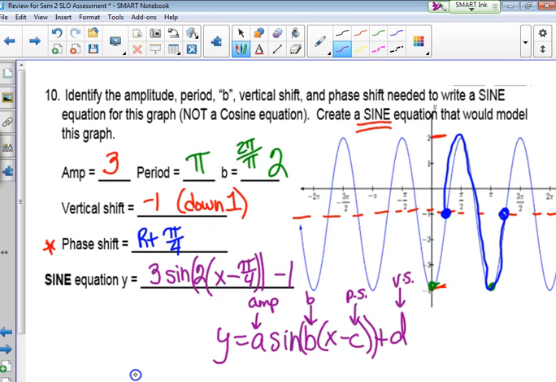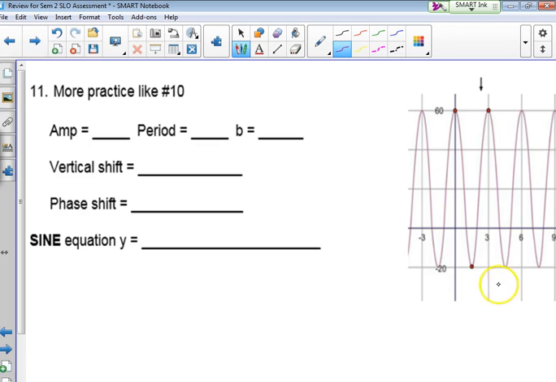Well, good. Okay, so take a minute and try number 11. This one is just on here for extra practice. There's not 2 the same on the actual test.